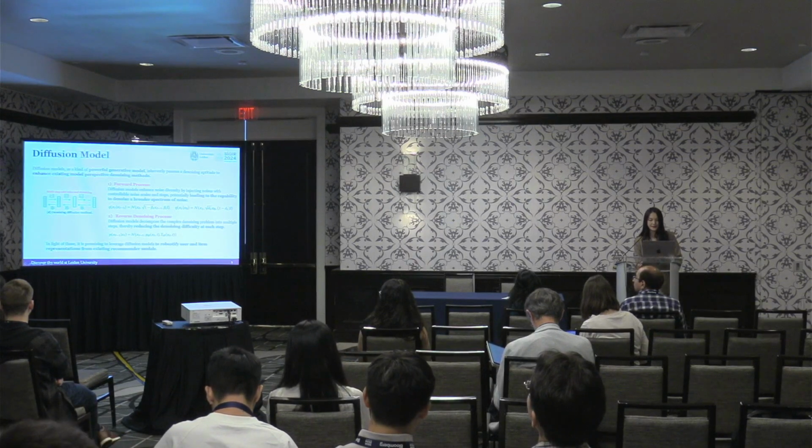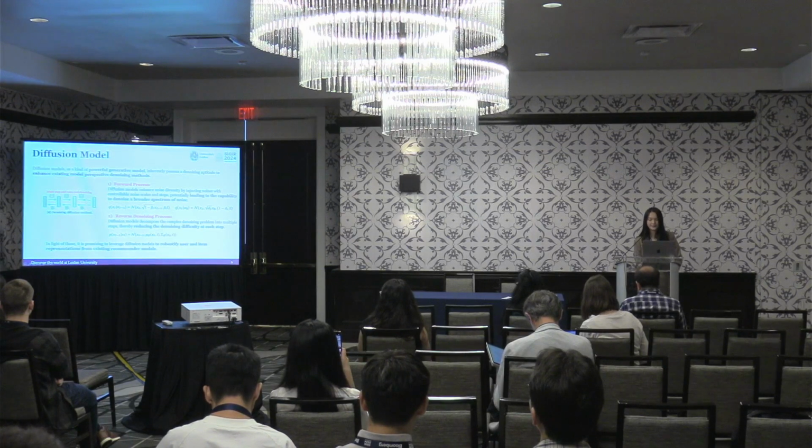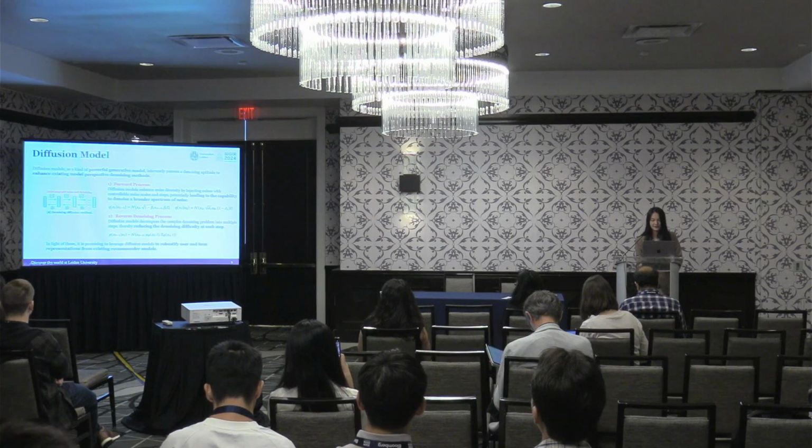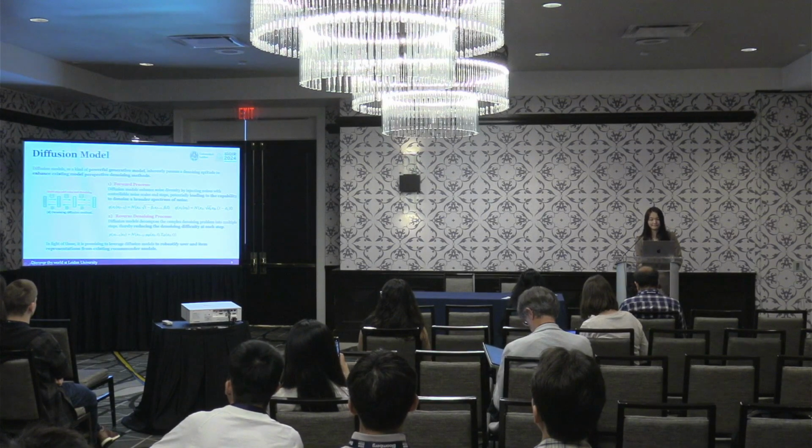The first one is that during the forward process, diffusion models enhance the noise diversity by injecting noises with controllable noise scales and steps, potentially leading to the capability to denoise a broader spectrum of noise. And the second one is that in the reverse denoising process, diffusion models decompose the complex denoising problem into multiple steps. Thereby, it can reduce denoising difficulty at each step. In light of this, it's promising to leverage diffusion models to robustify user and item representations from existing recommender models.